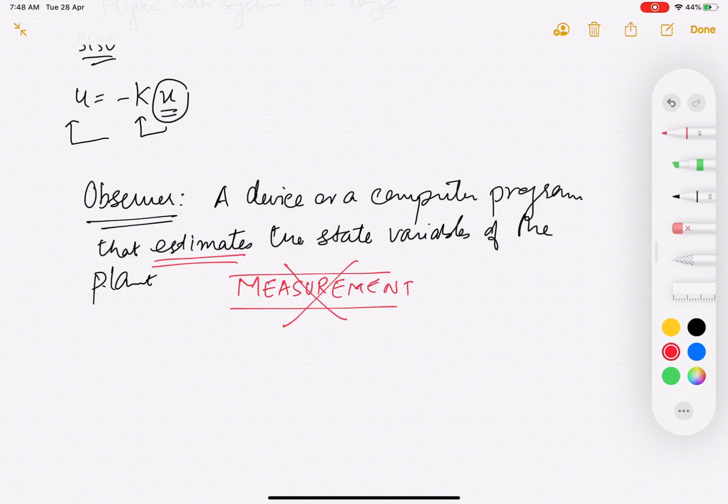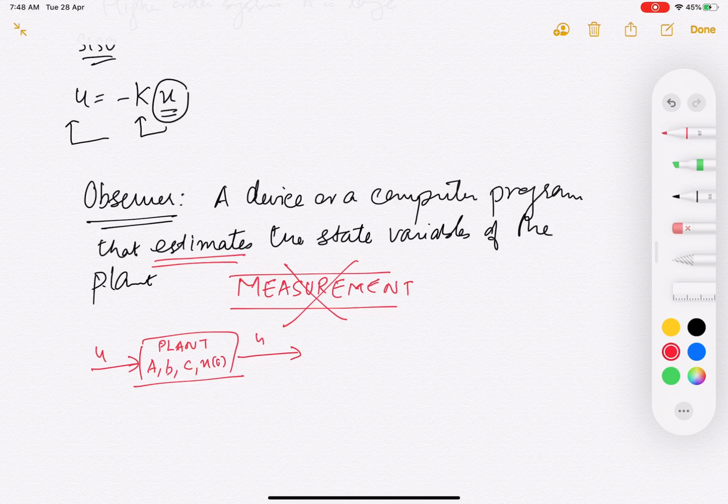And what is this estimate? How is it going to work? I'll give you an example. Suppose you have a plant, and you know the A matrix, the B matrix, and the C matrix of the plant, and you are giving it an input, and you know the initial conditions, right?